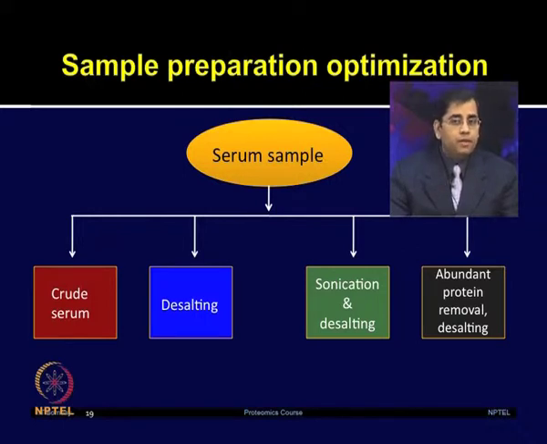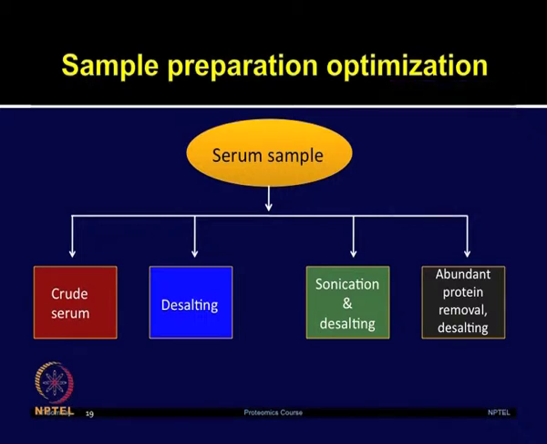Since serum contains highly abundant proteins and the commercial columns which can selectively deplete them are quite costly, considering the large number of patient samples you have to process, we thought, can we disrupt these abundant proteins and release the low abundant proteins from them by using sonication. So, the effect of sonication as well as desalting was investigated, and then we also used commercial columns to remove the abundant proteins followed by the desalting step.